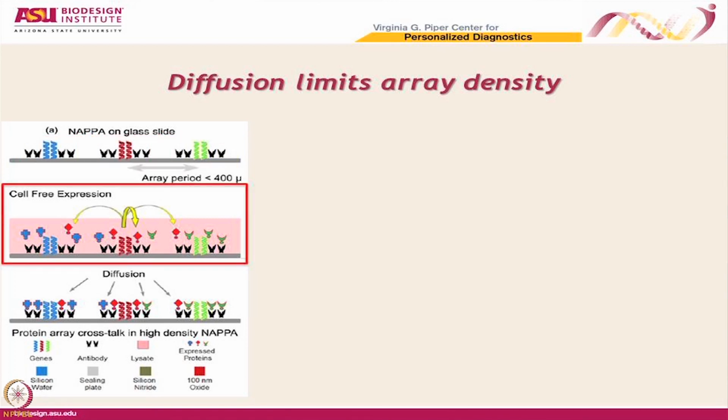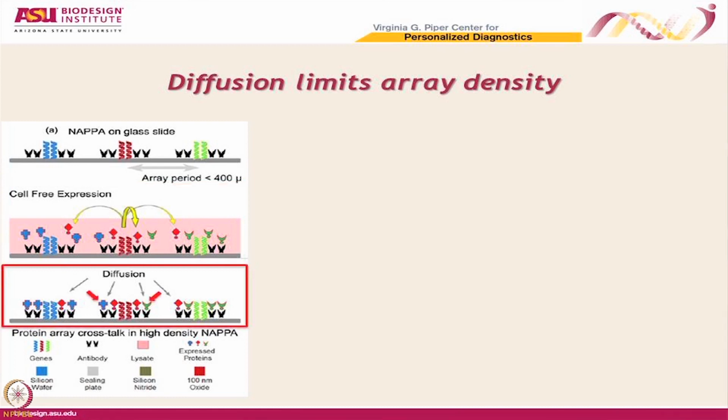One of the concerns would be that if you produce the red protein, that the red protein could float over and bind in the spot where the blue protein is supposed to be. Same could be true over here on the green side. So you get mostly red bind to red, but maybe red binds here, maybe blue binds over here. And so you end up with a circumstance where you have a little bit of mixture at each of these spots. That's the concern that a lot of people have.